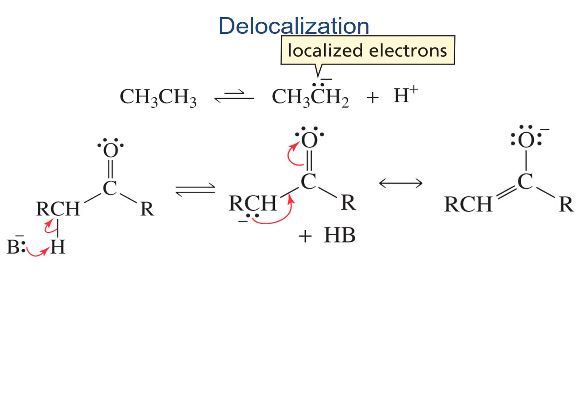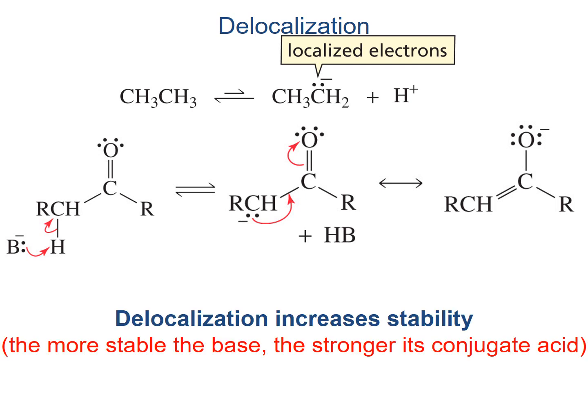Now we can also have resonance with the oxygen, creating an alkene and a negative charge on the oxygen. So this is going to increase your stability for that negative charge, meaning these alpha hydrogens are often more acidic than other hydrogens on alkanes.